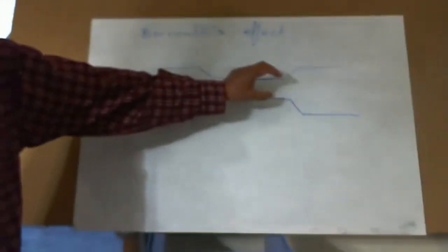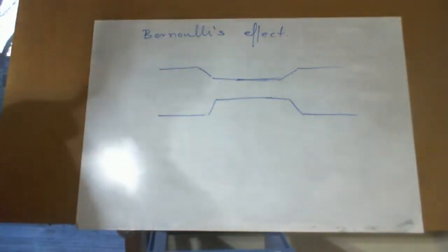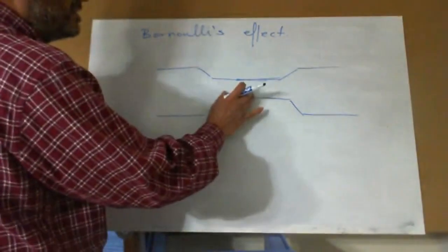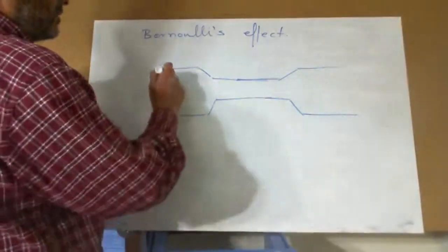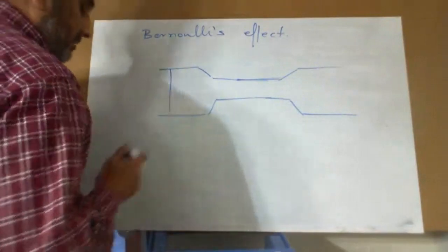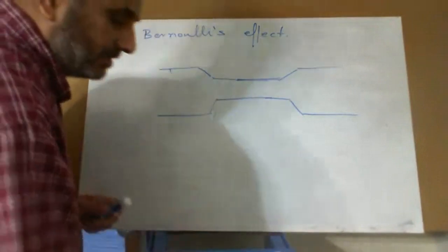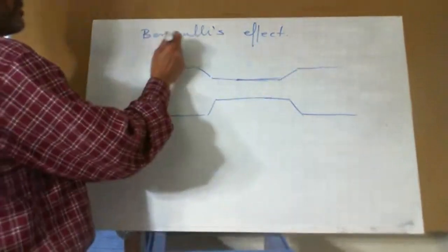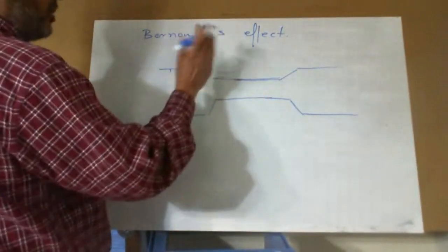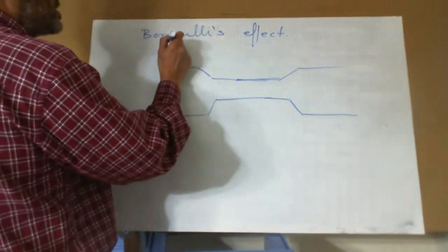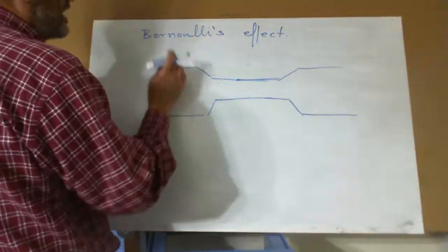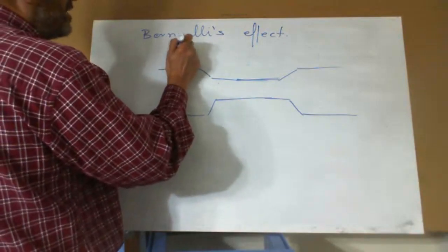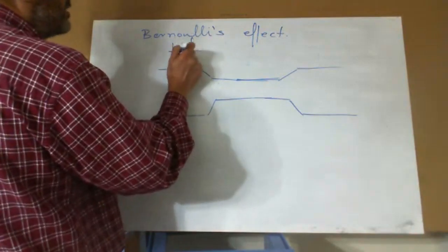And what we find is that when the pipe narrows, the speed of this liquid increases. In other words, suppose the amount of water that's flowing every second is about a gallon. So let's say gallon is a volume, so let's say the volume per second, let's say 1 gallon of water flows per second.